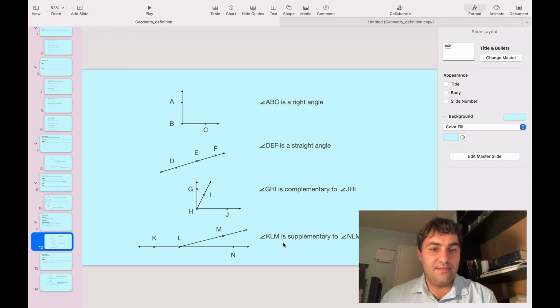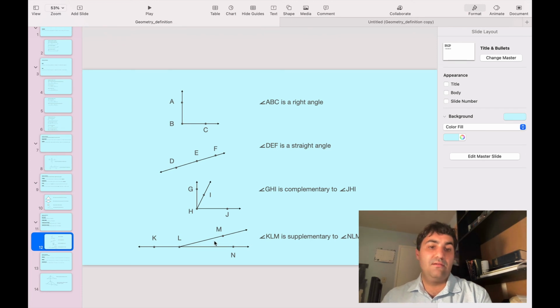Let's take a look at the supplementary visual here. We have a straight angle here, KLN. If we measured this, this is basically a straight line, so this angle measure would be 180 degrees. But we can see there are two different angles here: KLM, this angle here, and angle NLM, this angle right here.